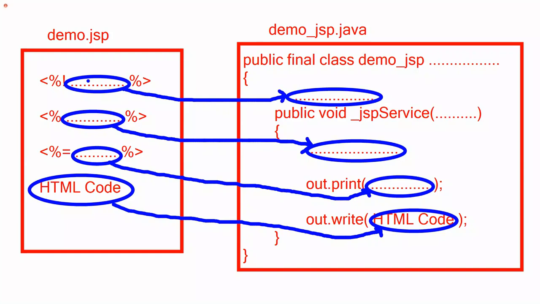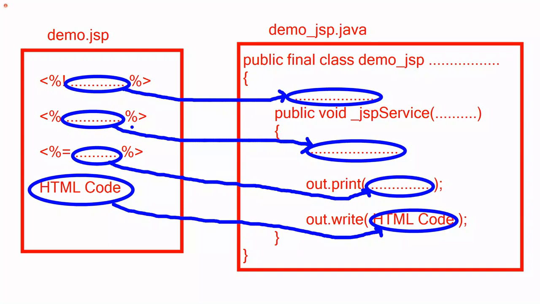Declaration. Local variable, inside the service or outside? Inside the service. Then which element is required? Scriptlet. Like that, you have to select. Instance variable required, declaration. Class variable required, declaration. Local variable required, scriptlet.